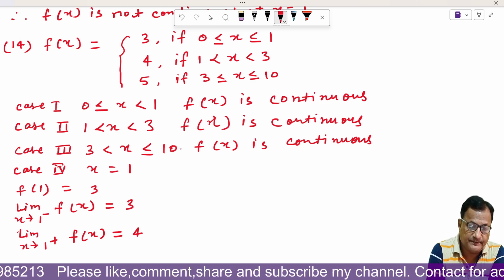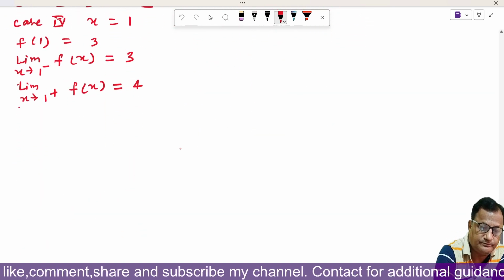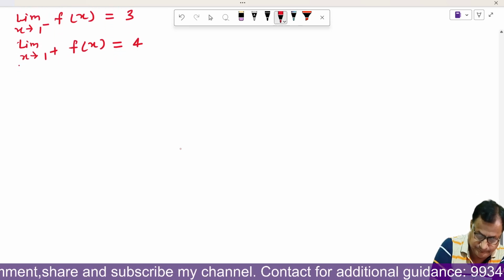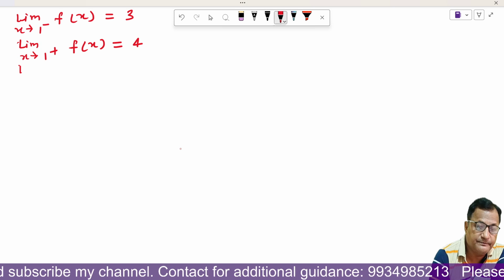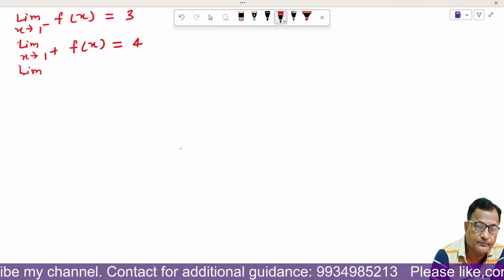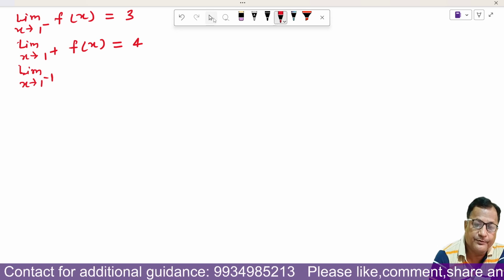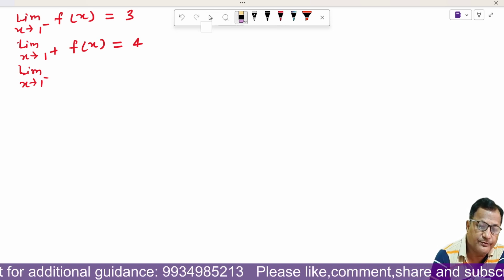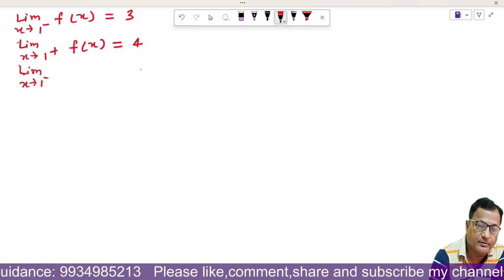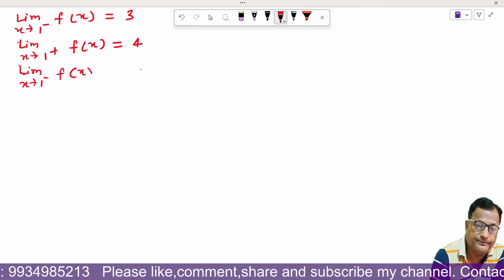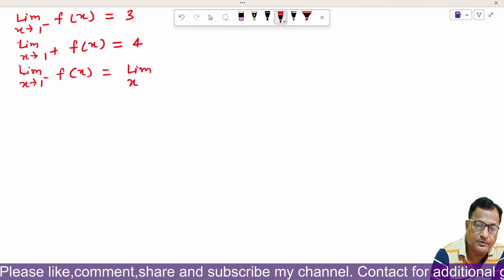So here we see that the left hand limit is not equal to the right hand limit.